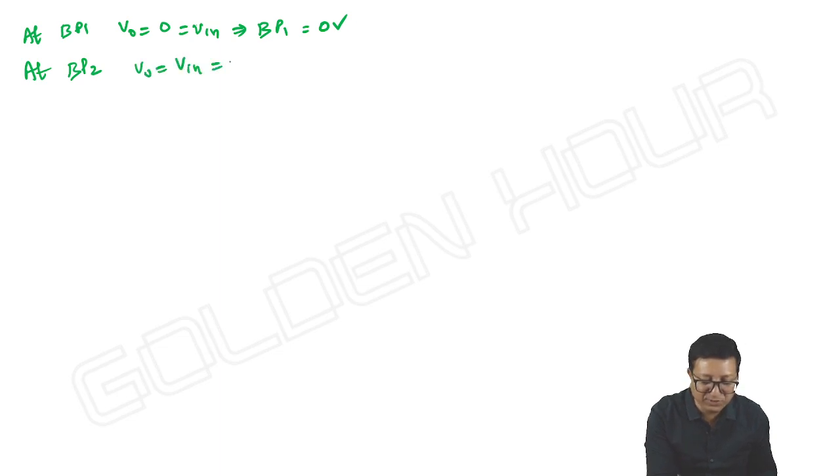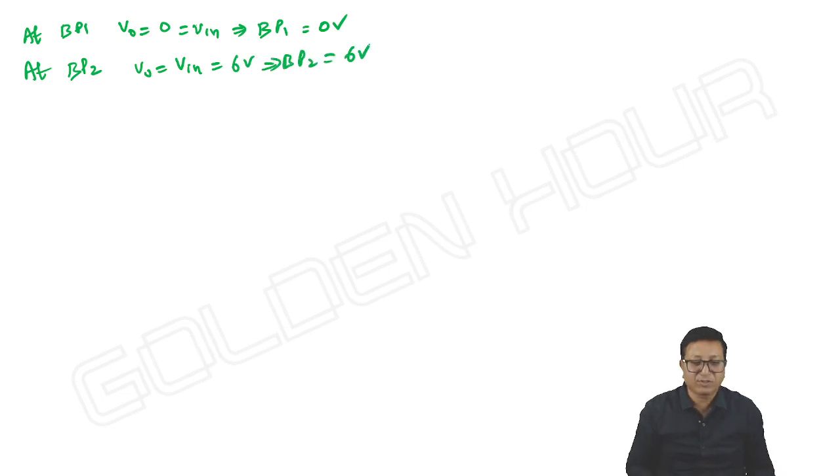It is also equal to input. Implies breakpoint 1 is equal to 0 volts. At breakpoint 2, V output is equal to V input. It is also equal to 6 volts, Vz. Implies breakpoint 2 is equal to 6 volts.